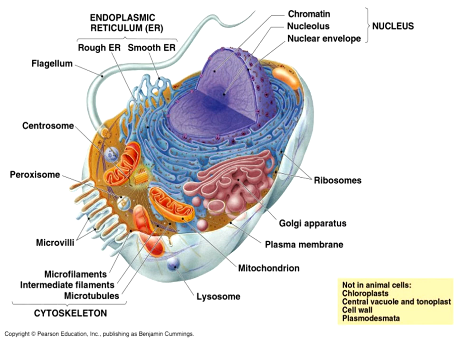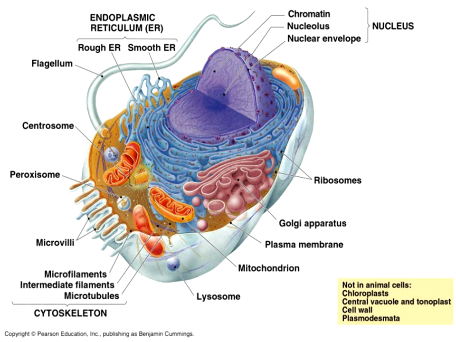Peroxisomes are kind of similar to lysosomes. The centrioles or centrosomes help with cell division. So these are all the possible organelles that can be found in an animal cell. It's important to remember, though, that not every animal cell will have all of these, and some animal cells have more of one organelle than another depending on what it does.